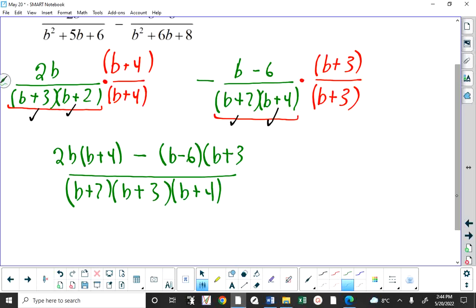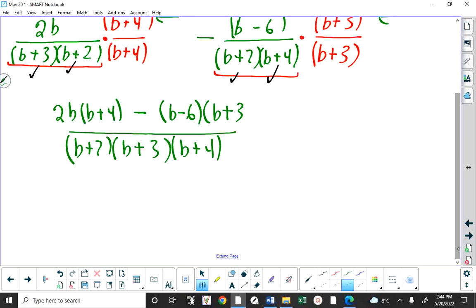And some of you simplified the b minus 6 times the b plus 3 up here, and that's fine. Some of you as well simplified the 2b times the b plus 4 up here. That's fine as well. I prefer just to do it in the next step.